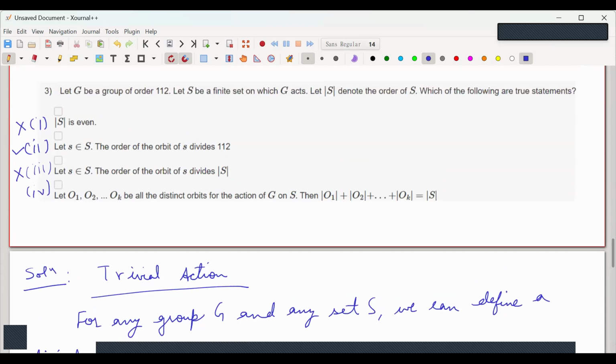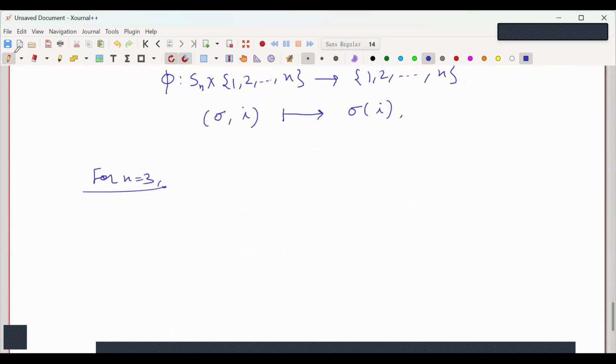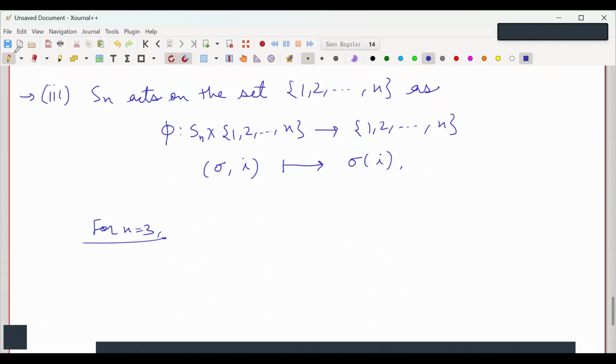See here, they are telling G acting on a set S, right? So our G is not of order 112, but still we can produce examples where this won't be true, right? But let us first produce the example.